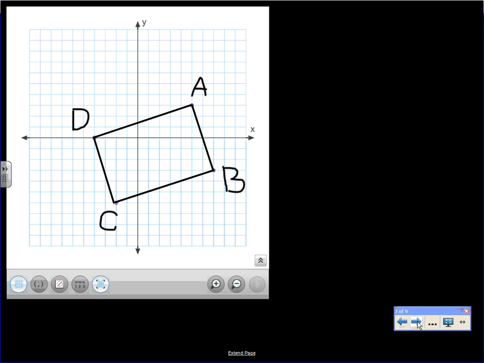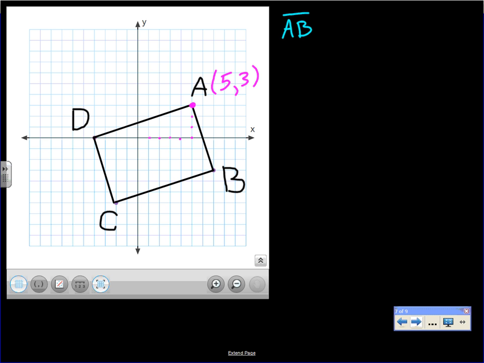So we're going to start with segment AB. We're going to write the equation for segment AB. The ordered pair for A is 5, 3.